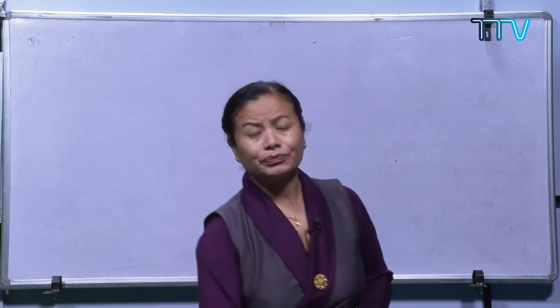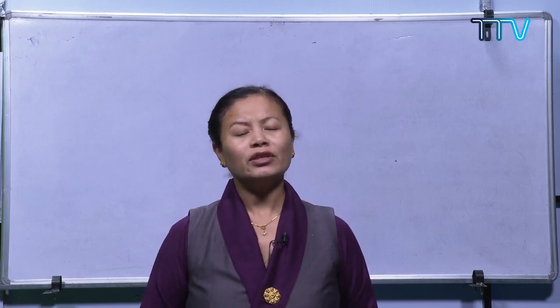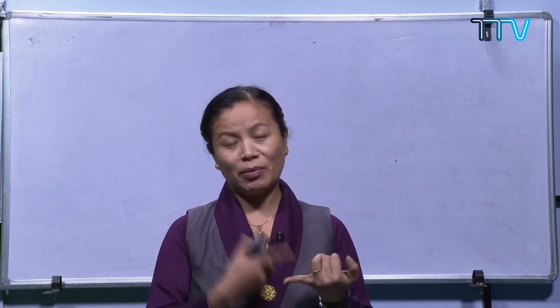Okay, so after the review and recapitulation of what you have learned last week, this week we are going to cover the different types of writing. You have already learned, right from the very beginning, about the parts of speech and the verb forms.